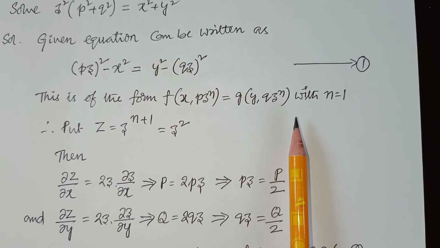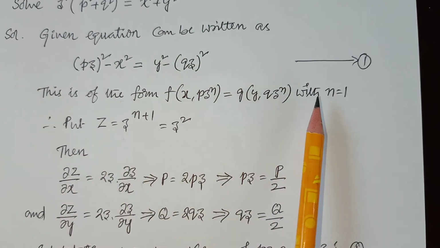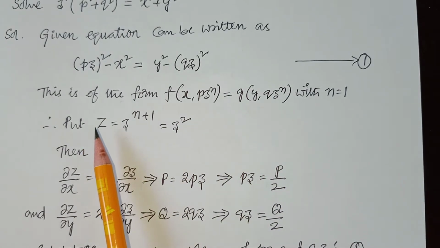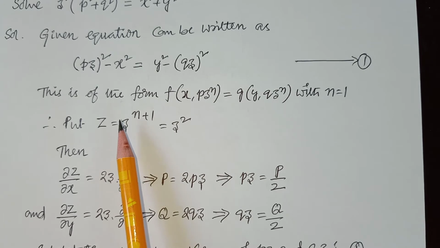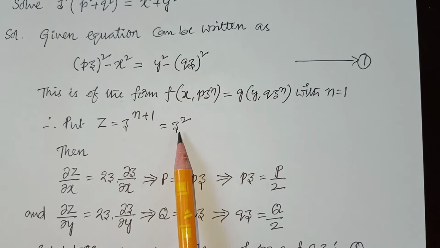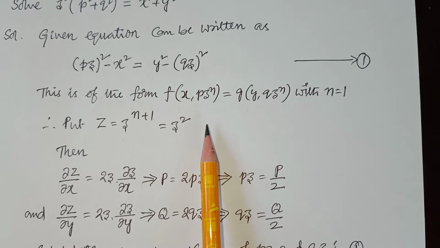Since n is not minus 1, we put capital Z equal to z^(n+1), that is, capital Z equal to z^2.